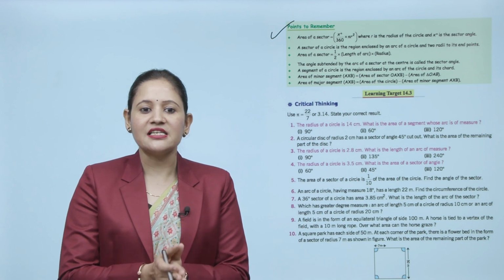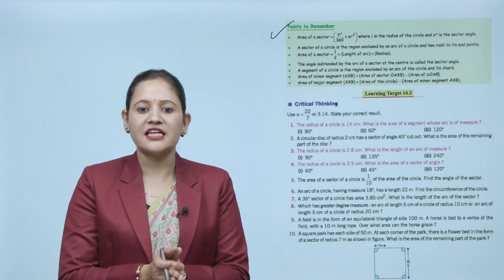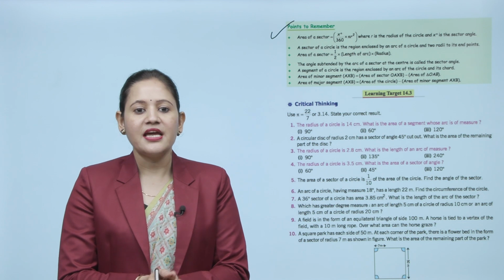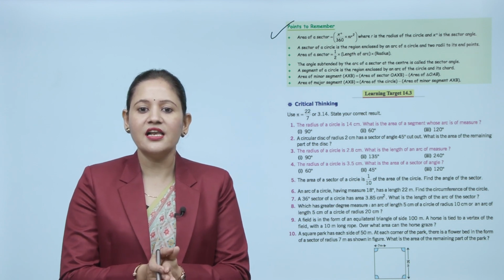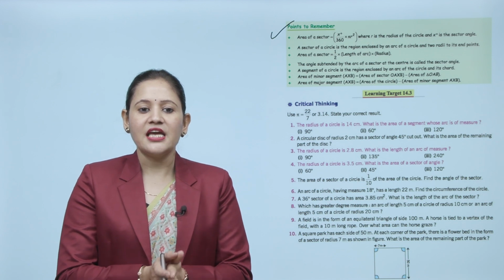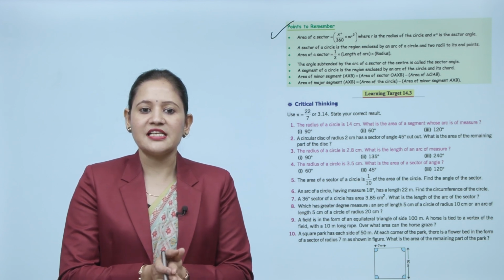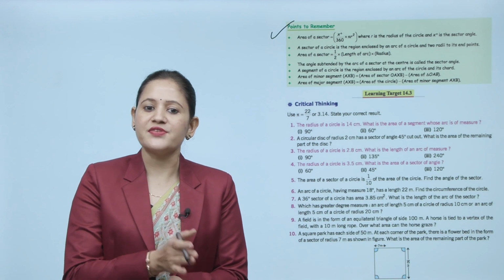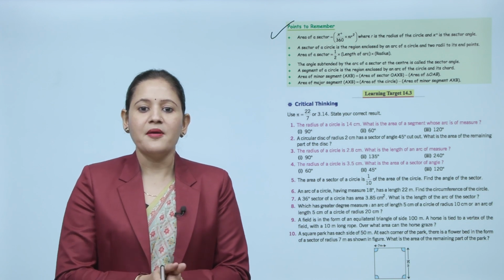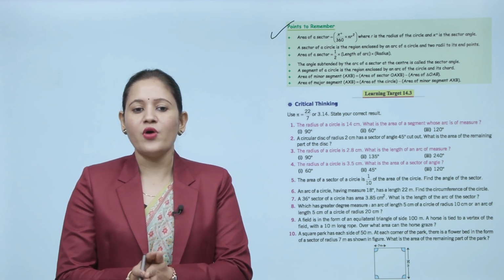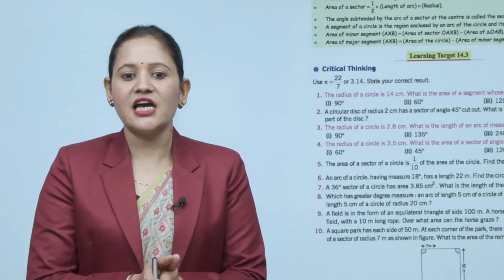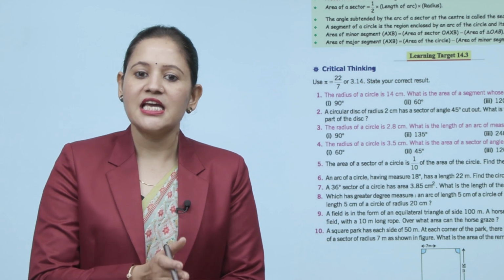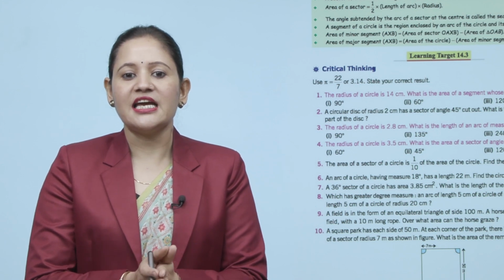The angle subtended by an arc of a sector at the center is called the sector angle. The segment of the circle is the region enclosed by an arc of the circle and its chord. Area of minor segment AXB equals area of sector OAXB minus area of triangle OAB. Area of major segment AYB equals area of the circle minus area of minor segment AXB.